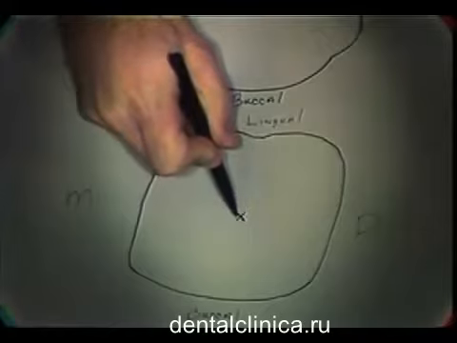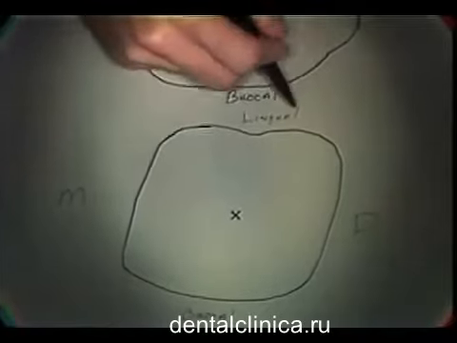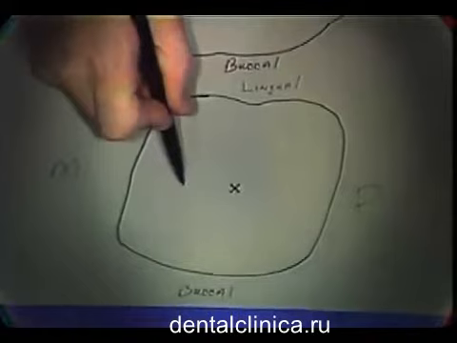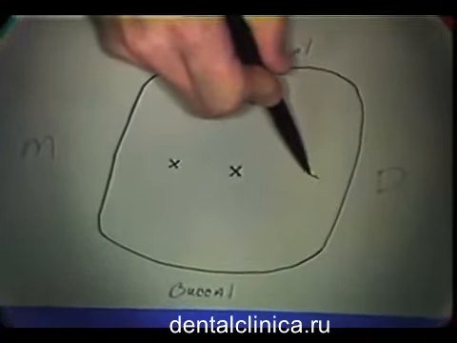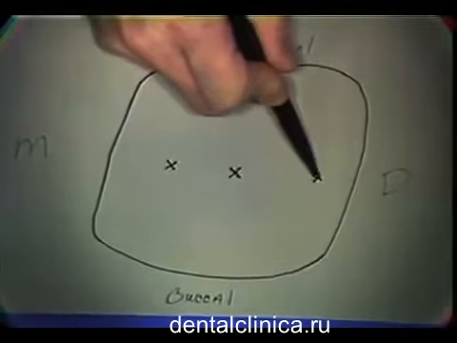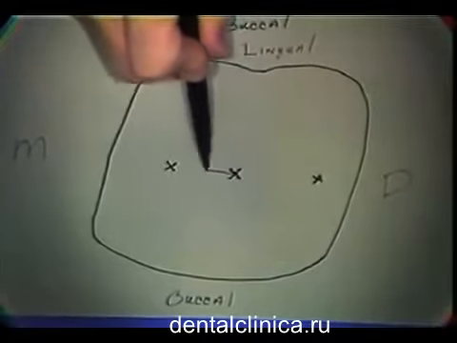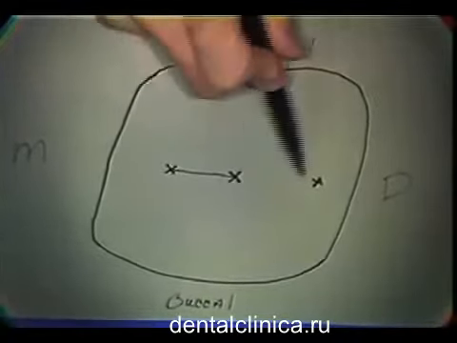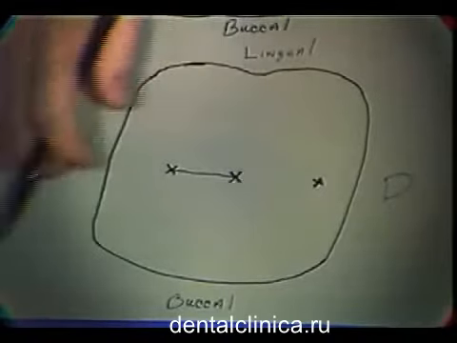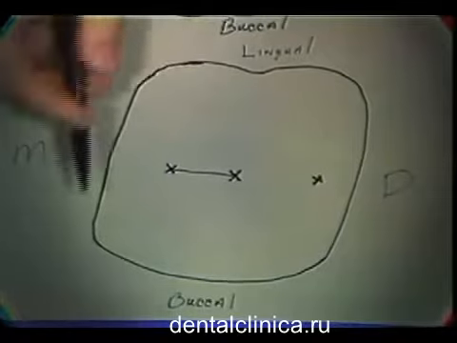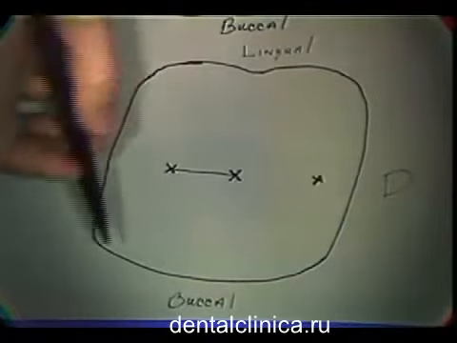The central pit is almost exactly in the center of the tooth. We would also have a mesial pit and a distal pit. We'd have a groove connecting these two, but not necessarily the central and the distal, because of our oblique ridge.